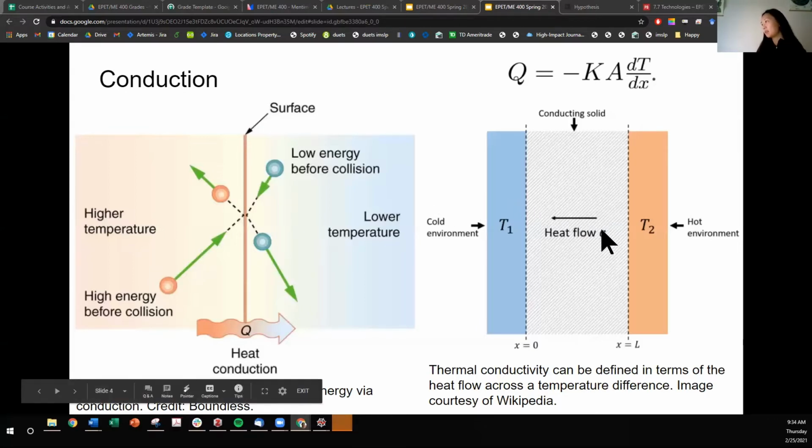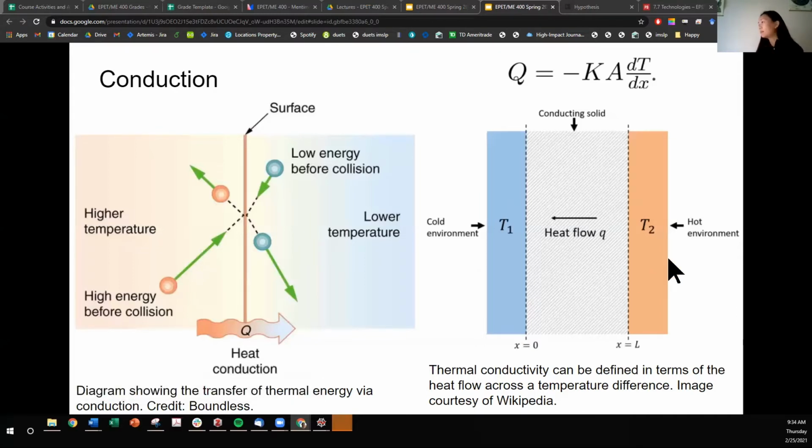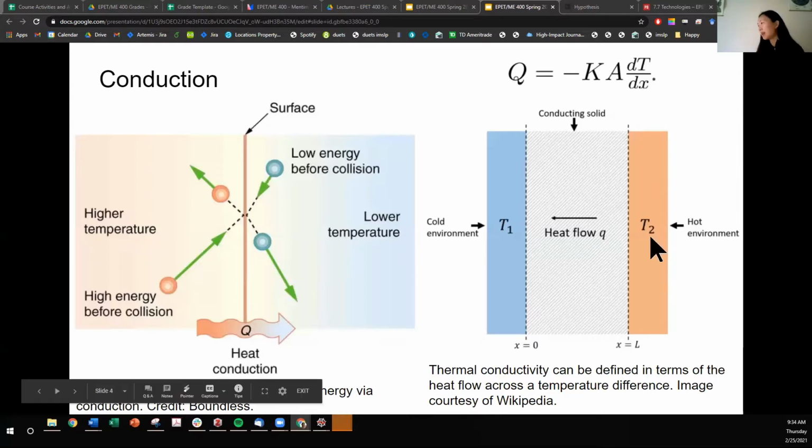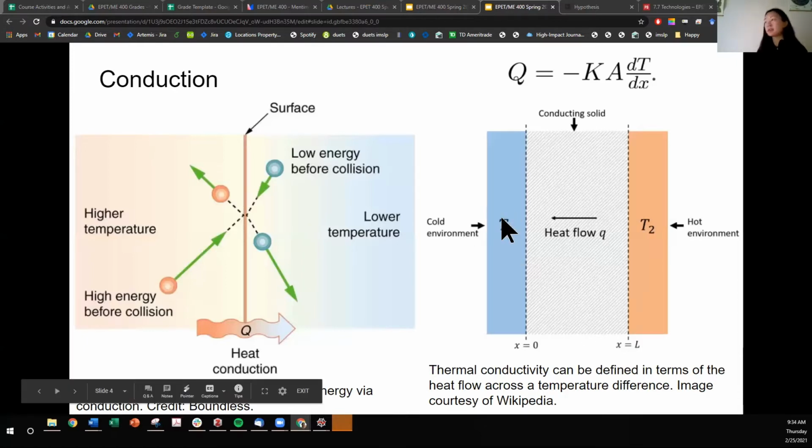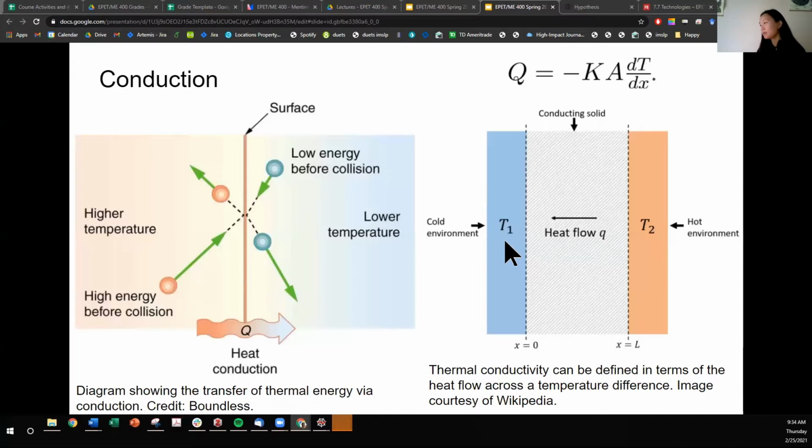You can see this interaction here, so we've got a bulk material at T2, and we have this conducting solid, and we have a cold environment at temperature T1. These are the different variables that you would need to know about to estimate the temperature gradient across this conducting solid.